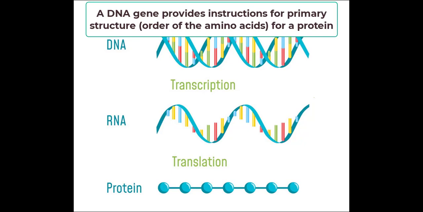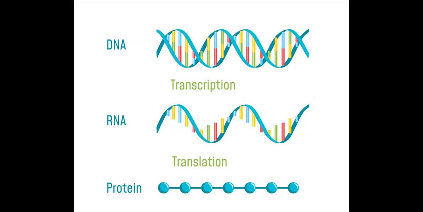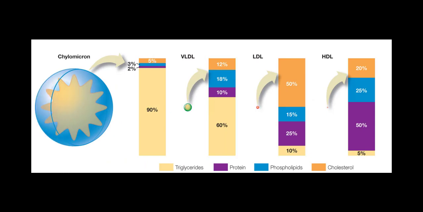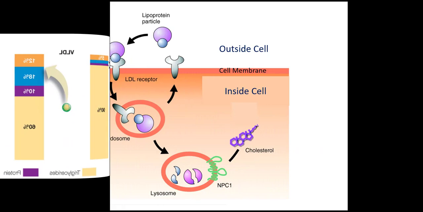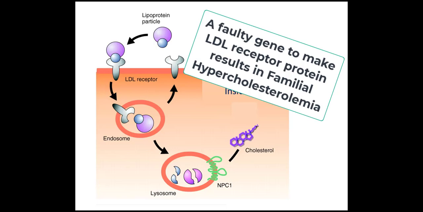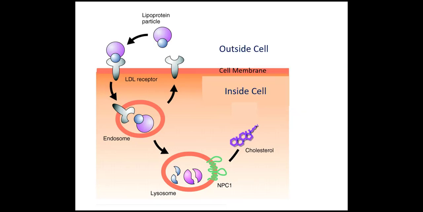Imagine that your instructions were wrong. Then you can't make the protein correctly. For example, you remember our discussion about the different kinds of lipid carriers, chylomicrons, VLDLs, LDLs, HDLs? If you inherit faulty genes for making the LDL receptor, you will end up with familial hypercholesterolemia.